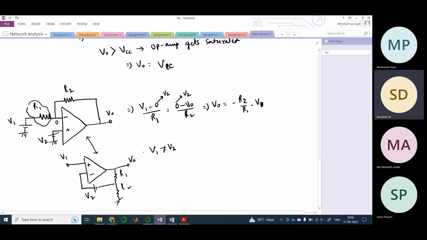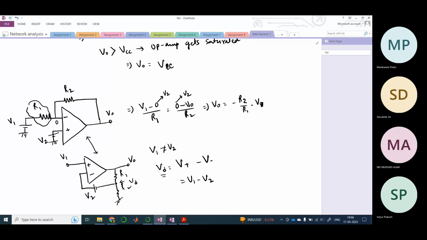But here it is not the case, because V1 is not equal to V2. Therefore you need to calculate V plus minus V minus, that is V1 minus V2. So this is the equivalent voltage that the op amp would be getting, and that is being fed to the output as a feedback. So this is the voltage Vd that you are getting at the feedback. From there you are calculating V0. So this is the difference between the two circuits.